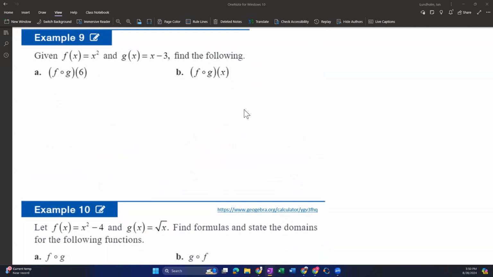I guess probably as a first step, I would go ahead and write this in a notation that I'm comfortable with, that really shows me that I'm going to put in 6 first, then I'm going to apply g, and then I'm going to apply f. It's like peeling layers of an onion.